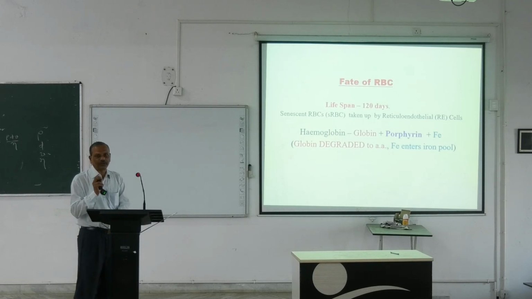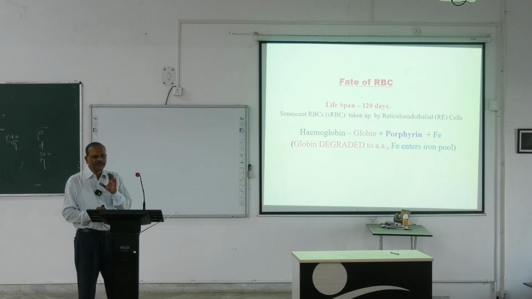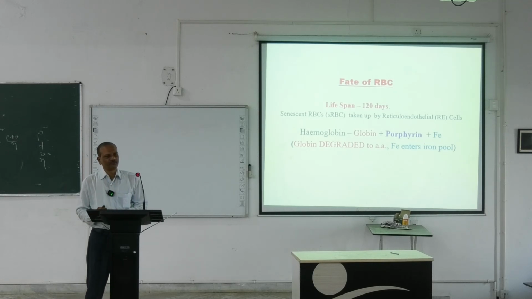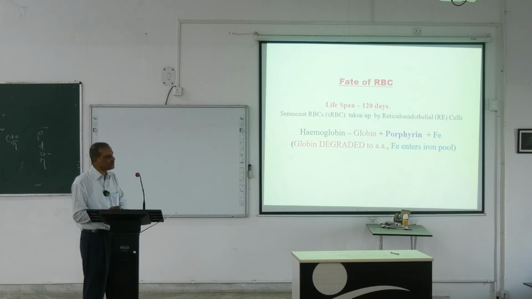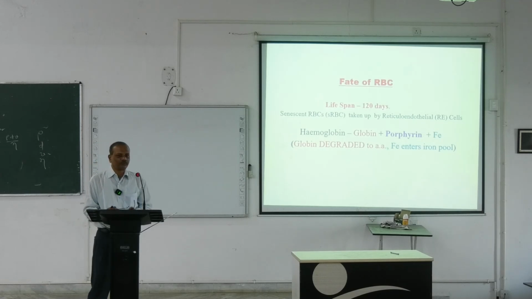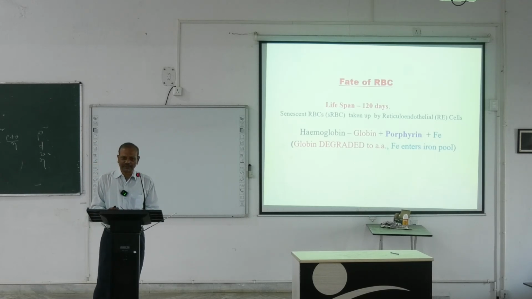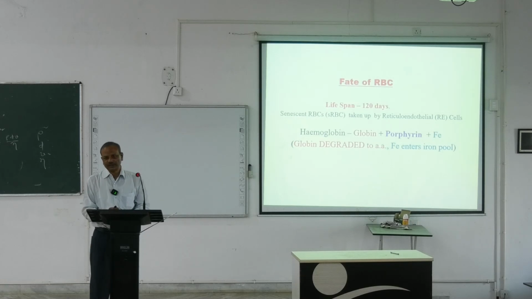Now, what is the fate of RBC? Every cell has a lifespan, almost without fail, because every living being has a life. The life of an RBC is 120 days on average. So at one point of time, the RBC will age like a human being. These are called senescent RBC, meaning aged RBC.